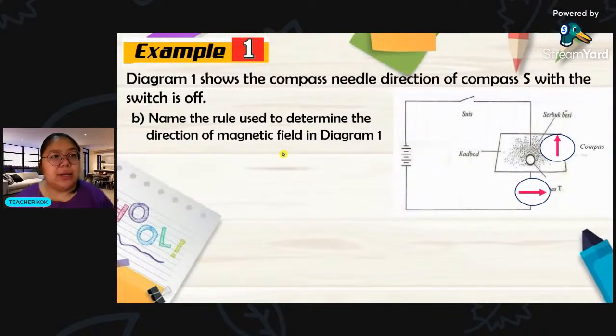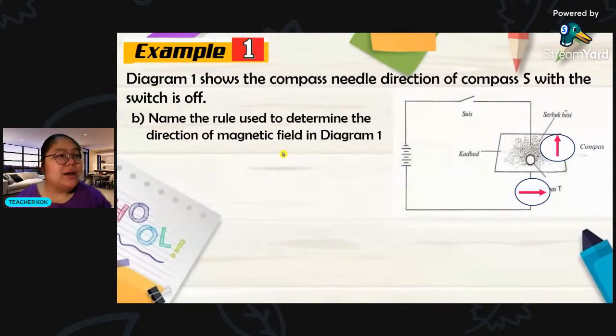Okay, we just see whether the question can be answered or not. The rule we use for these directions, anti-clockwise. The spelling must be correct. We see which student can answer this question. The rule we use for the anti-clockwise. How do you know it's anti-clockwise? Anybody?